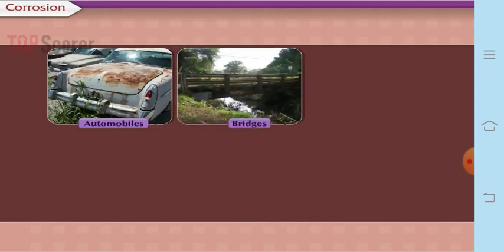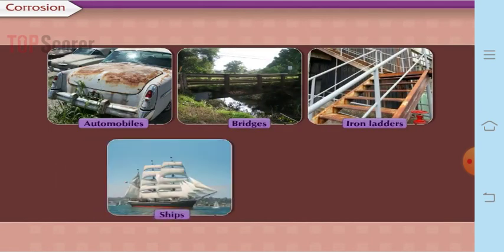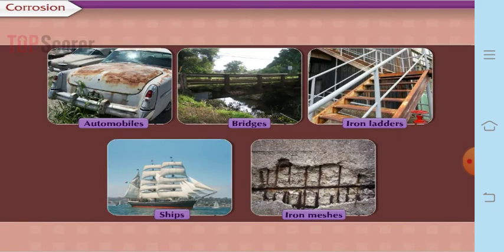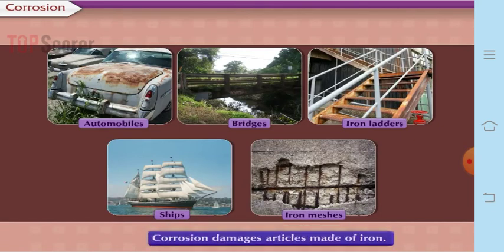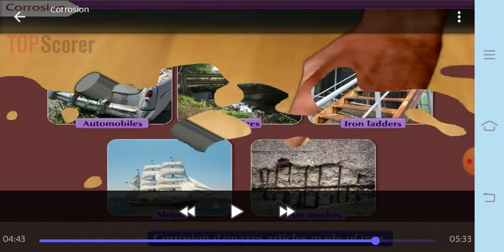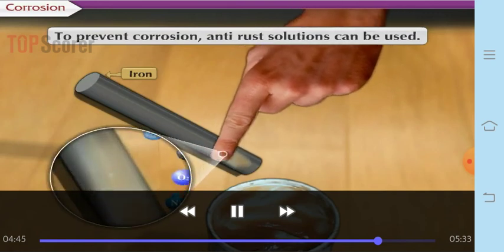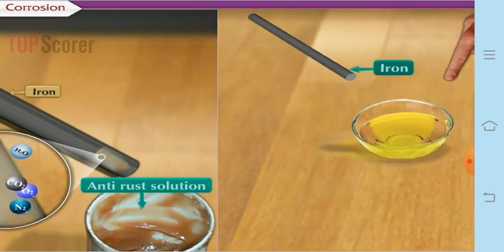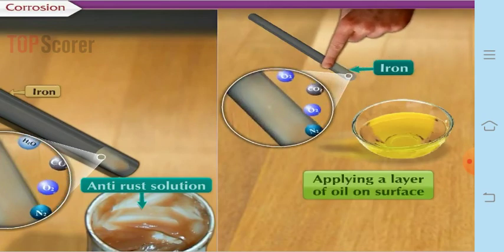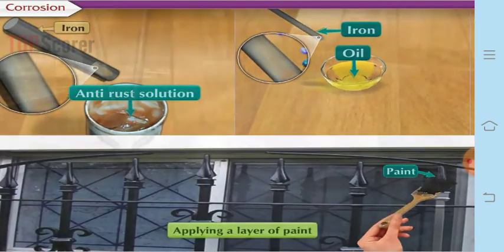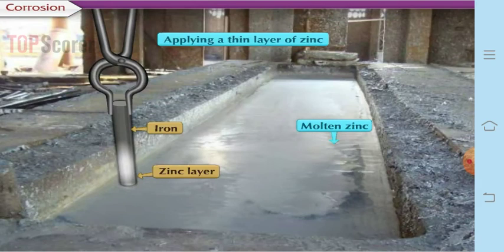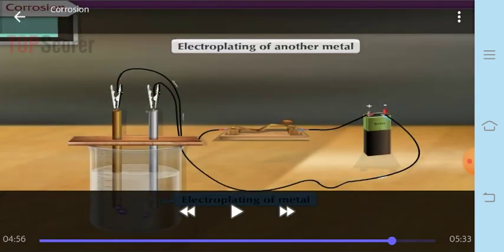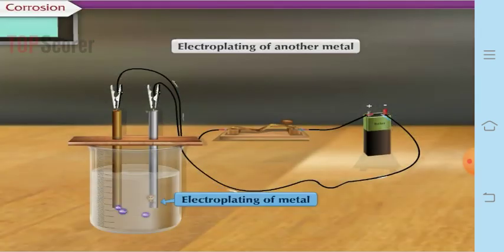You can see some automobiles, bridges, ladders, ships and iron meshes, from which iron buildings are constructed. To prevent corrosion, anti-rust solutions can be used, or a layer of oil can be applied, or painting can be done, or a thin layer of zinc can be applied, or electroplating can be done.